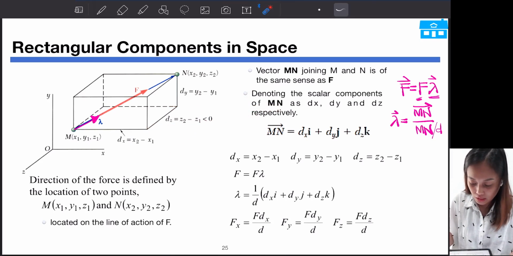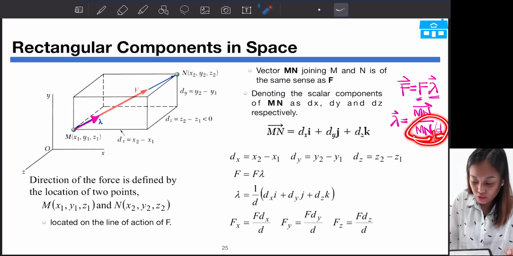So, we have dx i, dy j, dz k: the distance along x, along y, along z multiplied by its unit vectors along x, along y, and along z. So, we now have vector MN.